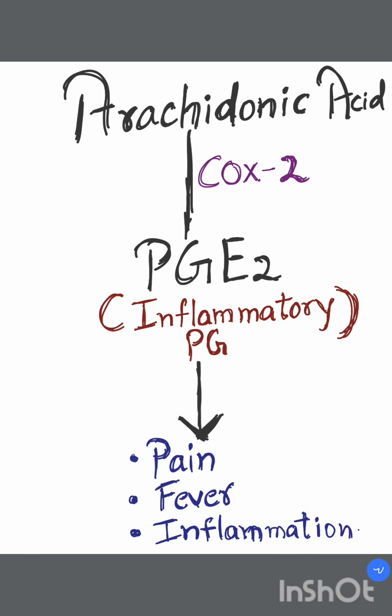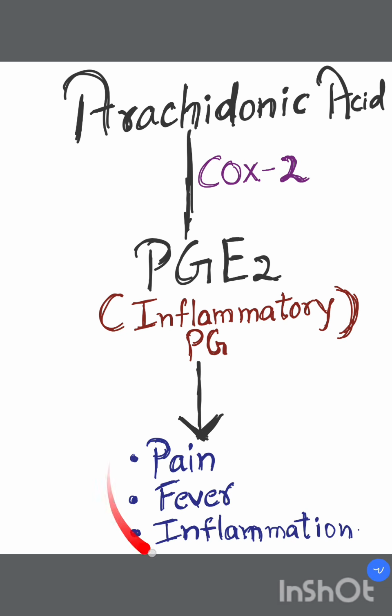So now, arachidonic acid, when acted upon by COX-2, remember this was the enzyme which was induced in states such as pain, fever, and inflammation, only that it is not normally present, leads to the formation of inflammatory prostaglandin. This inflammatory PGE2 is different from the one we just read in the previous page.